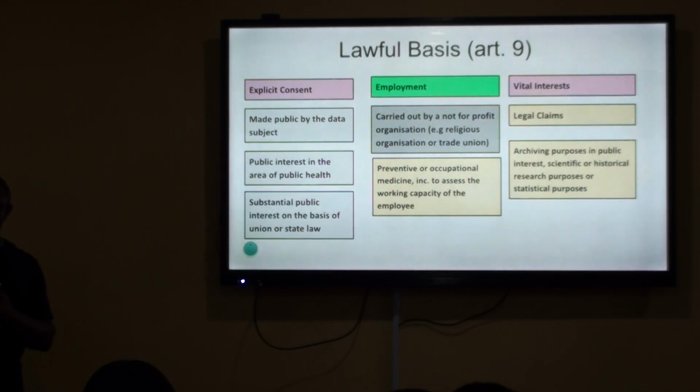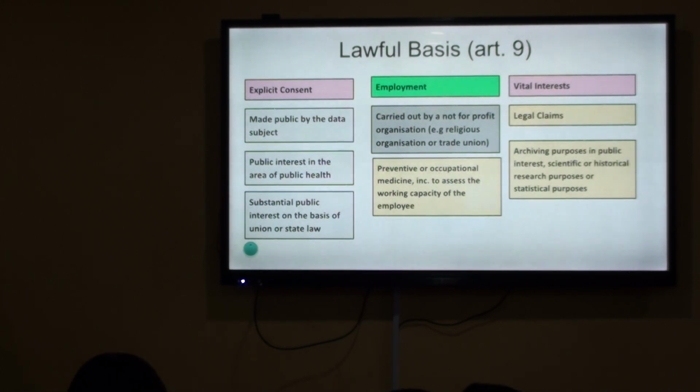So if you want to use consent as a lawful basis, you have to add it in the informed consent process that you're going to use this data for this, this, this, and this, and you have to identify all the relevant uses, both now and in the future, which is often difficult, right? And then the patient gives you the consent, not just to participate in the research, but also to use the data for further research.